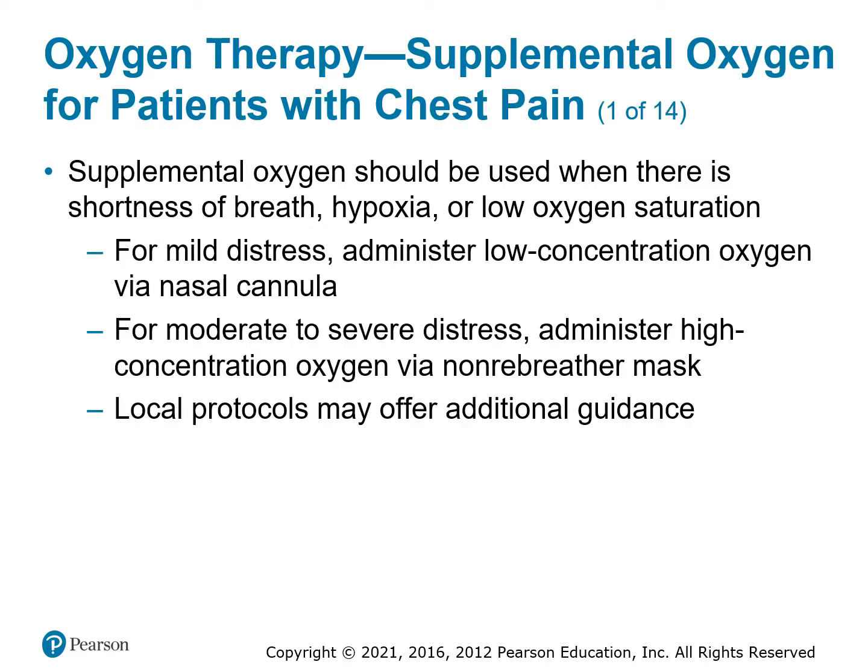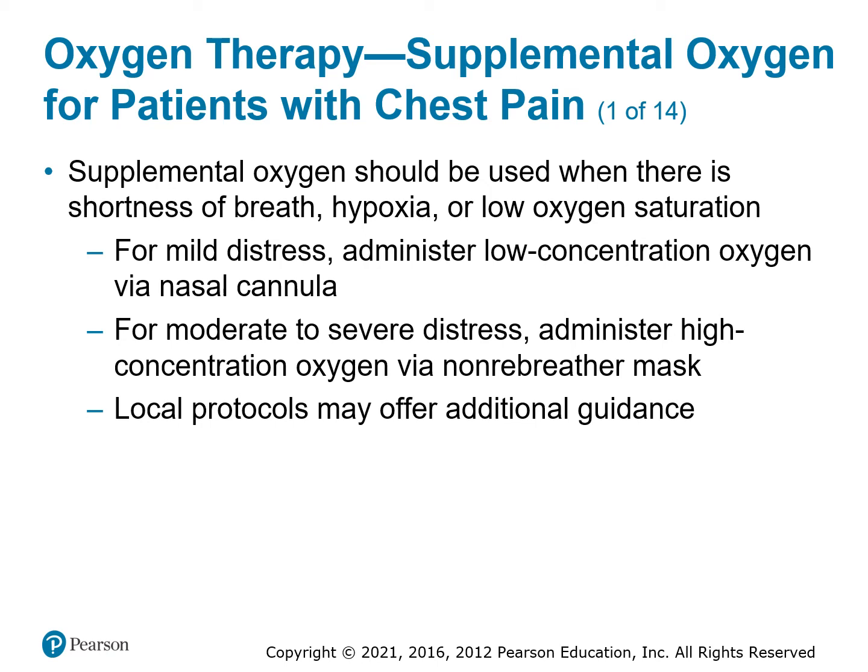There are different reasons why we may need to supply oxygen to a patient. By looking at our patient and with our assessment, we're likely to see signs of shortness of breath, hypoxia, or we may actually have a low oxygen saturation on our pulse oximetry. Keep in mind there are different delivery devices.